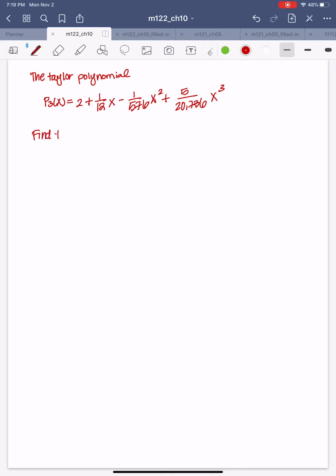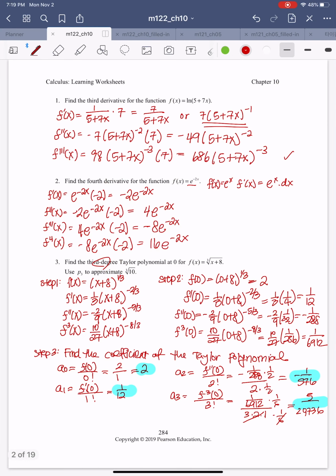Find the appropriate value of x so that we can use it to approximate cube root of 10. That's what we wanted to do. We want to use our Taylor polynomial to approximate cube root of 10, and then we have to find out what the x value will be.